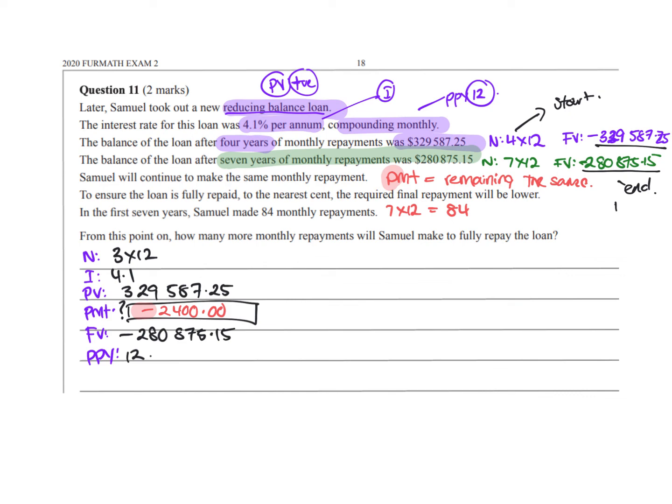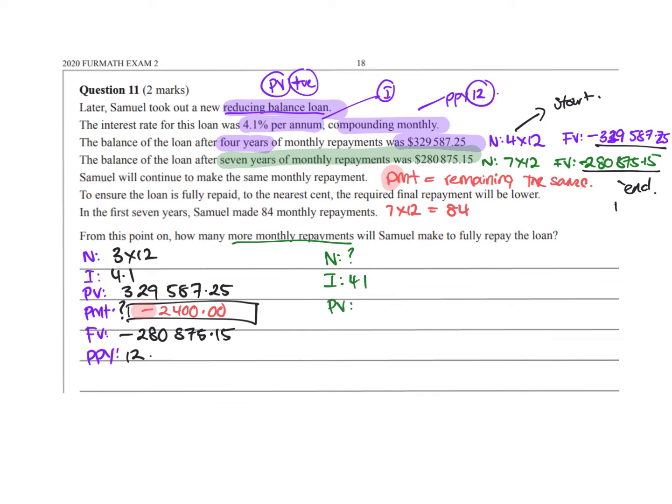So now they want to know, from this point, how many more monthly payments. We want to pretend that from the 7-year mark, we've got a new loan. So how many more months? That's the question, and we're going to use the same interest rate.